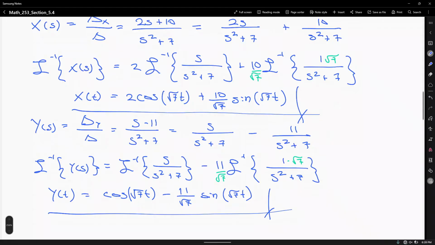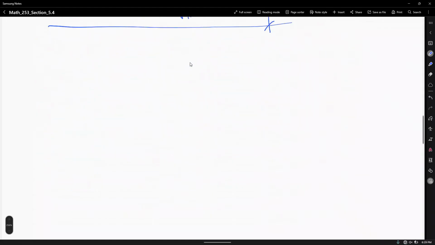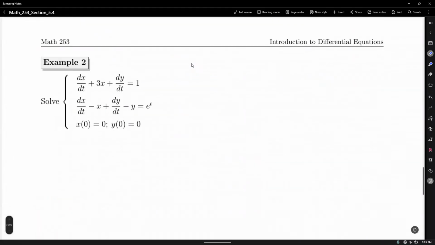Okay, let's have a look at the next exercise. I don't think I'm going to get the chance to finish the whole thing, but at least I'll try to get somewhere. So take the Laplace transform of the first equation, the Laplace transform of the second equation. Let's see how far we can get in the last few minutes.